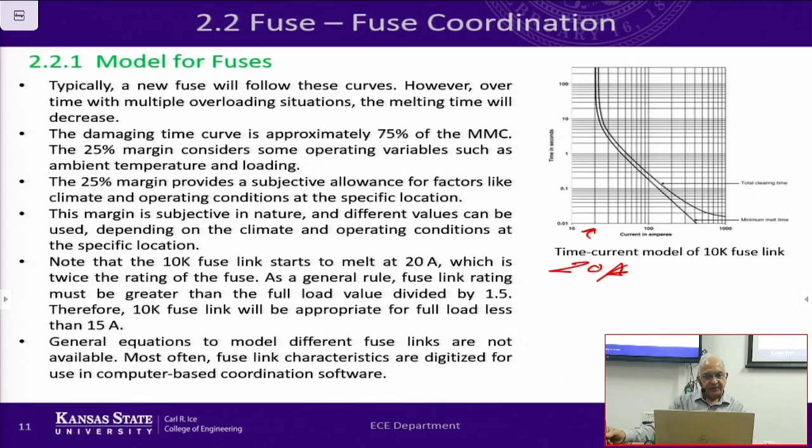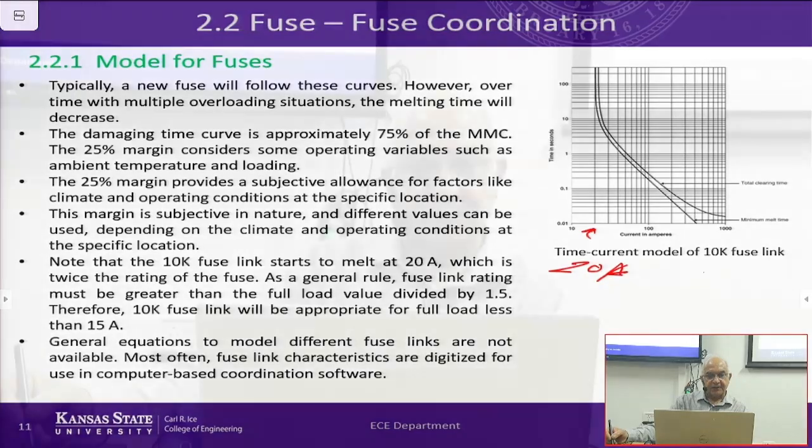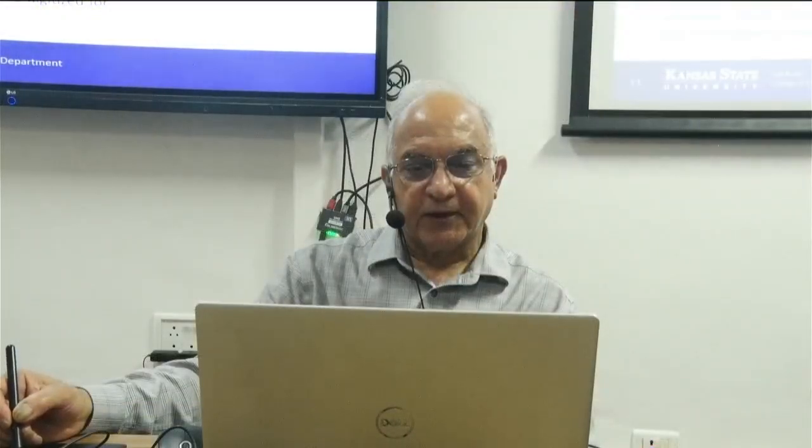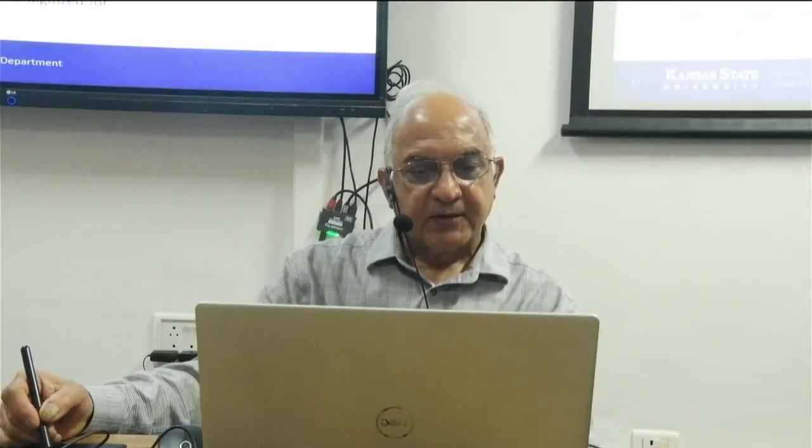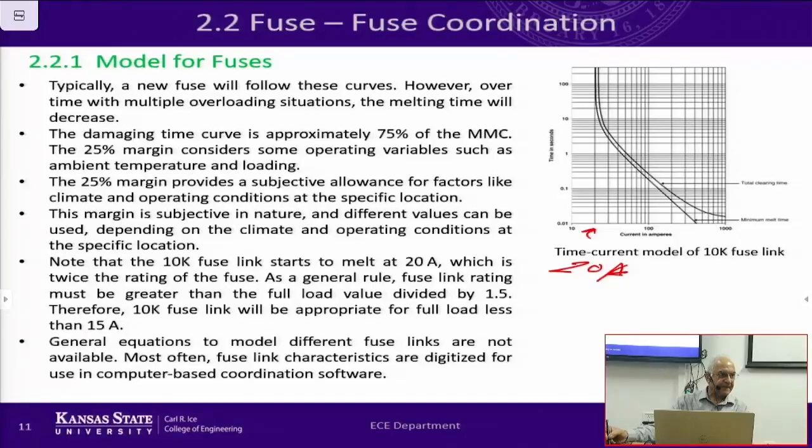As a general rule, we can pick a fuse whose rating must be greater than the full load value divided by 1.5. So a 10K fuse will be appropriate for a full load of less than 15 amperes, because this fuse is going to actually operate at 20 amps.